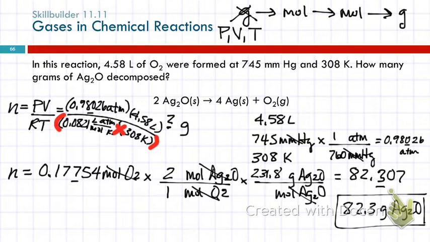Any questions? So we took a stoichiometry problem, like you learned in Chapter 8, and we put in an ideal gas law problem, and we put them together. That happens.